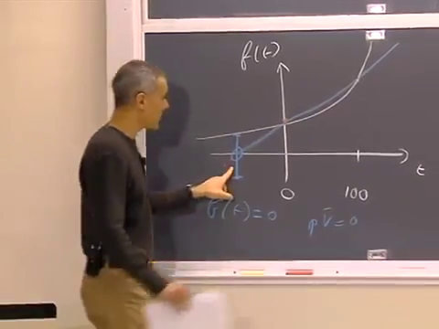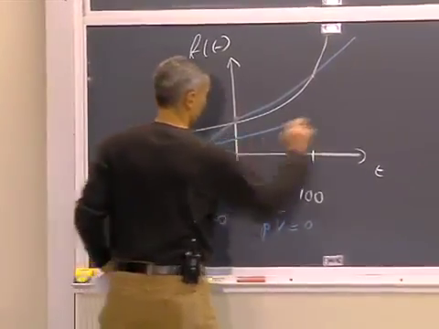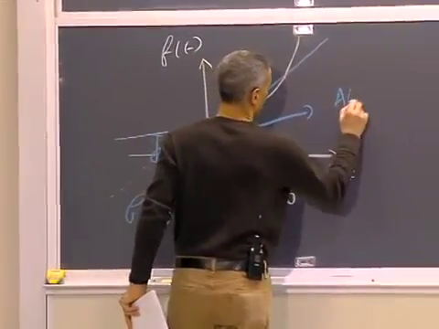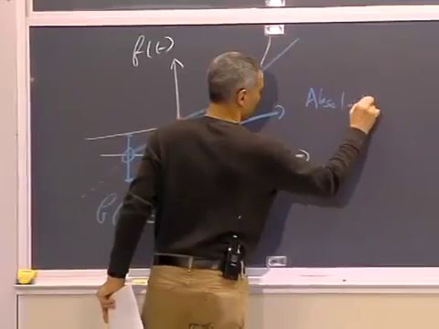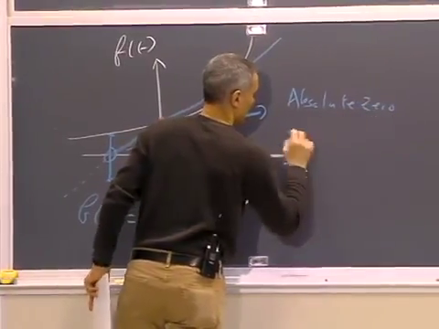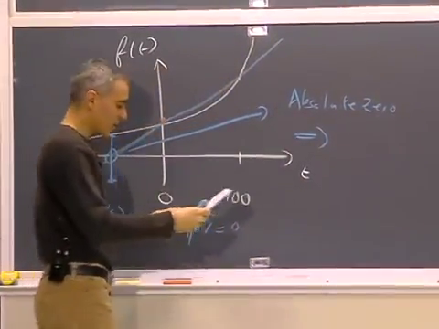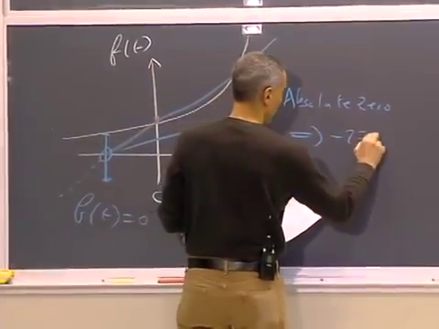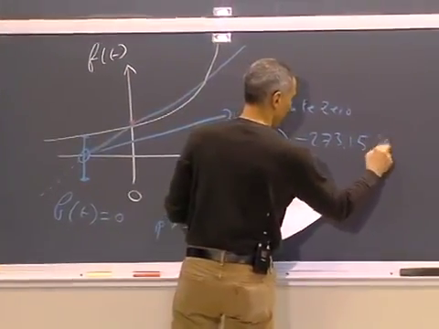So this absolute 0 here, which is absolute 0 on the Kelvin scale, the lowest possible temperature in the Celsius scale is minus 273.15 degrees Celsius.